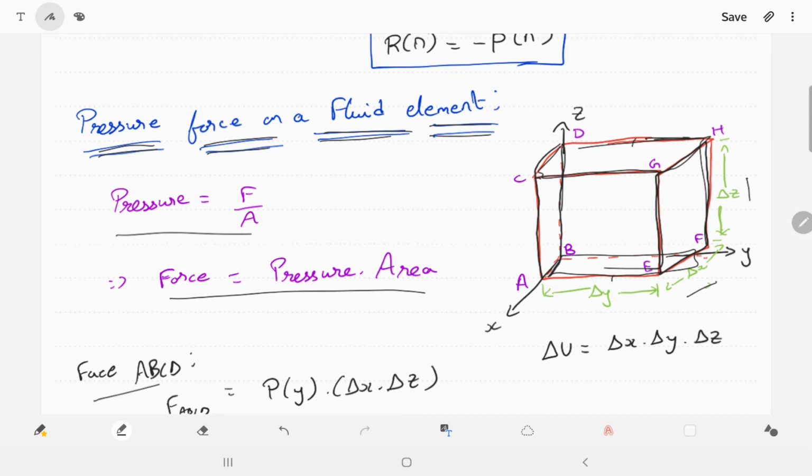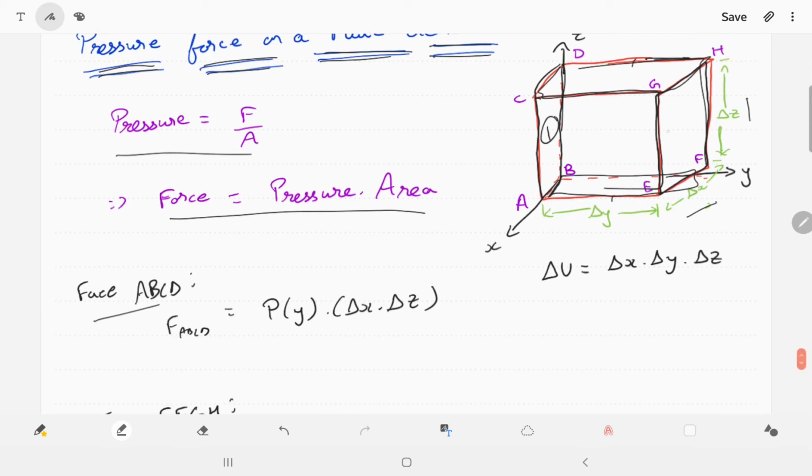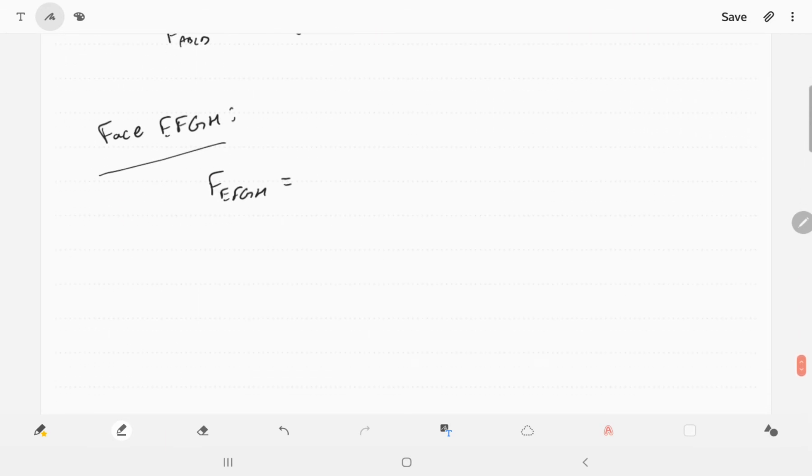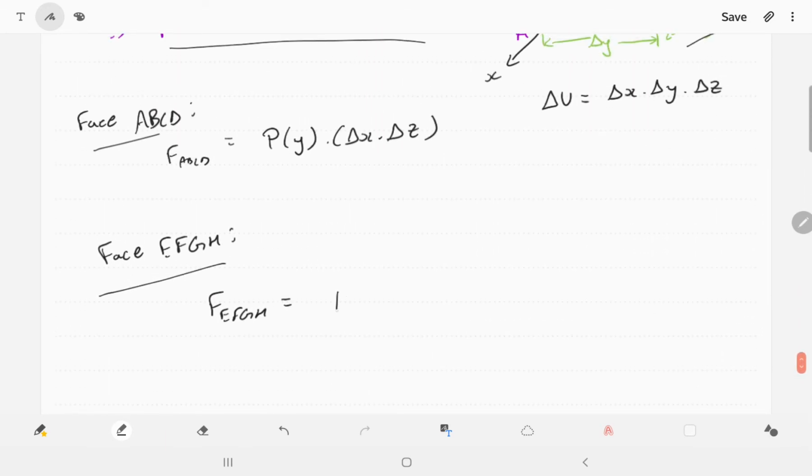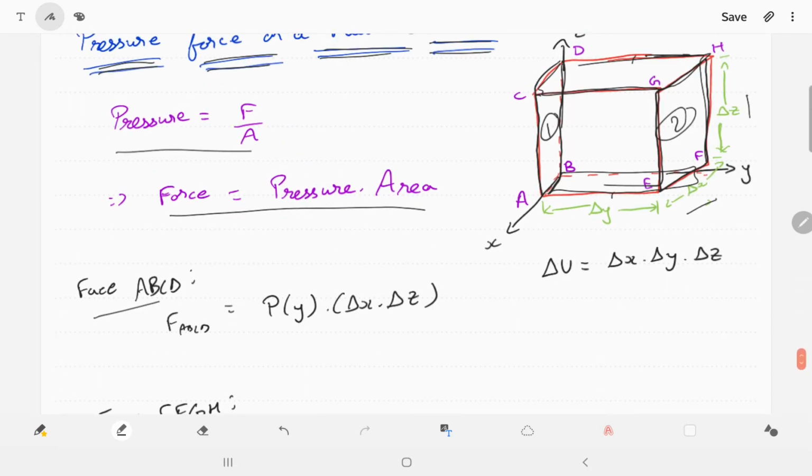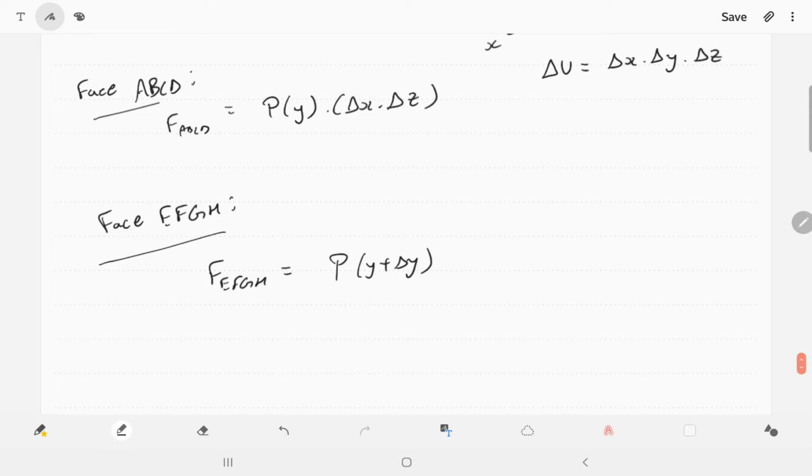But I am considering this face and this face along the y direction. So on EFGH the pressure acts at y plus delta y. Here the pressure is P of y, but after the addition of delta y, the pressure is P of y plus delta y, into the area delta x into delta z.